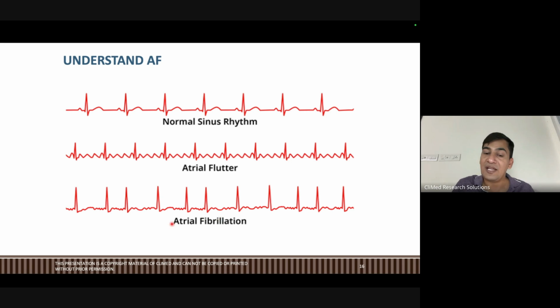The sawtooth phenomenon is there in both atrial flutter and atrial fibrillation, but there is a difference. Irregularity is the characteristic of fibrillation: irregularity in the RR interval, in the waves, in the voltages. Irregularity in everything, and that is because the origination of your voltages is different.